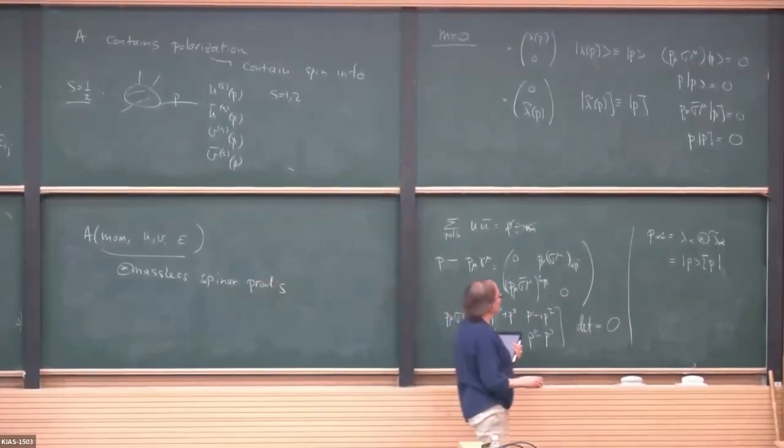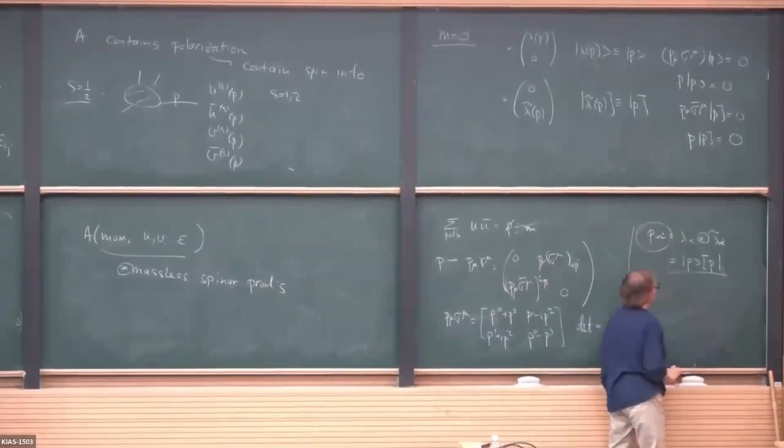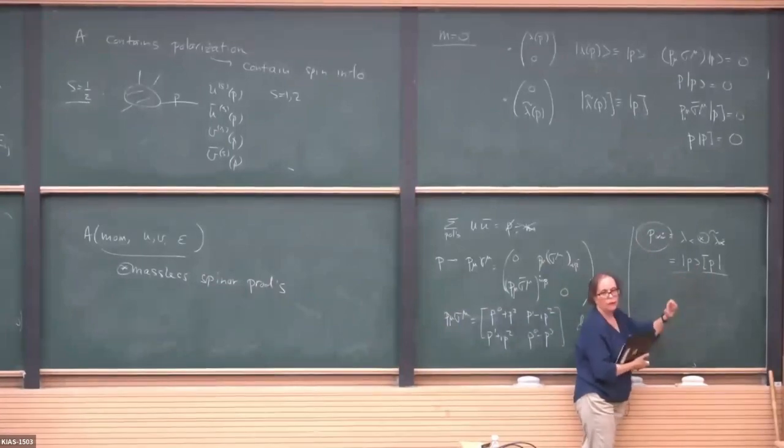So I can write my momentum, or any light-like vector, in terms of a single spinor.